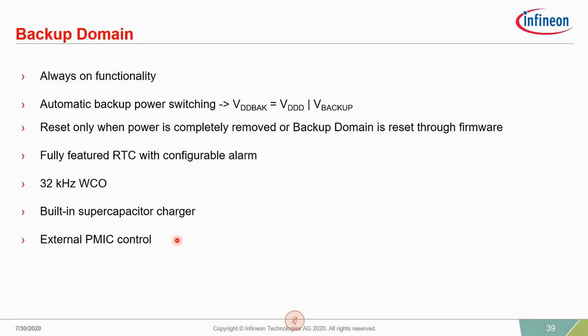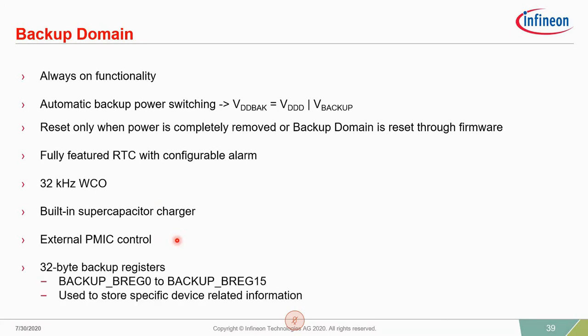PMIC enable is an active high output that is available at a certain pin, PMIC wake up out, and this pin can then be connected to the enable input of a PMIC. And finally, the backup domain has a 32-byte backup register, and this can be used to store specific device-related information and information like the RTC alarm details.